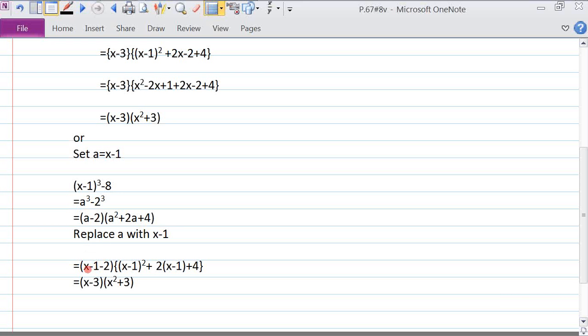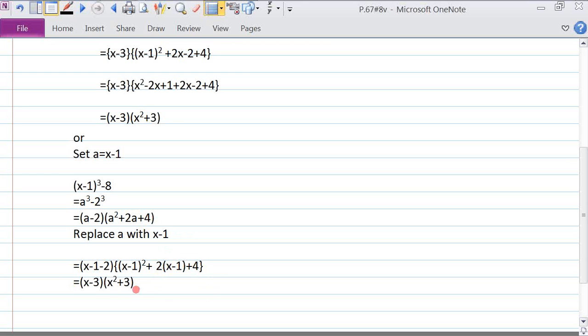Take this a, replace it with x minus 1. And the minus 2 here is that minus 2 here. Okay, this term is x minus 1 squared, plus 2a is 2 times x minus 1. And the plus 4 and the plus 4 is that.